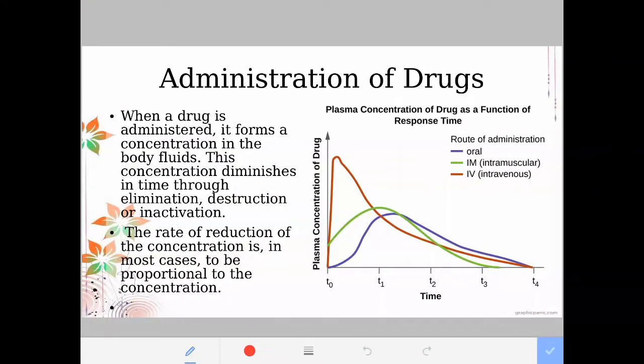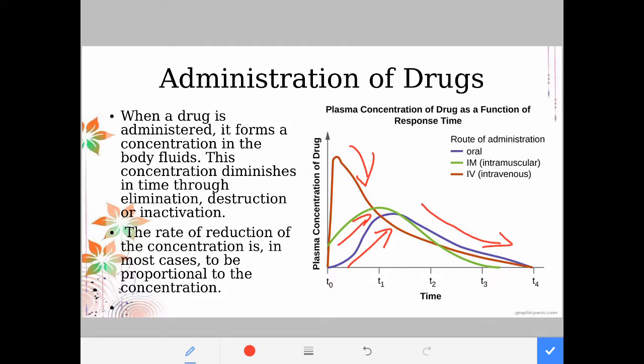So the increasing part of the graph is basically the absorption to the bloodstream, and then over time, the concentration goes down. For IV, intravenous injections, it's almost an instantaneous increase because you are directly inputting it in the bloodstream. And then you can see that over time, the plasma concentration of your drug is diminishing.